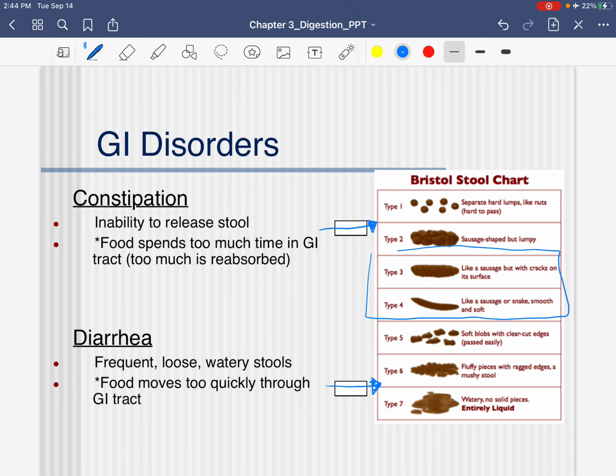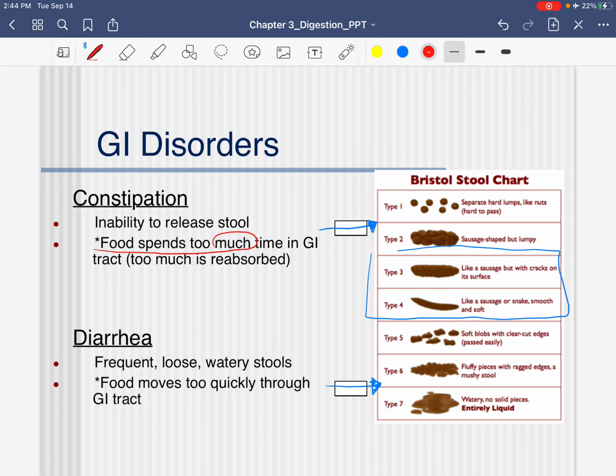If you are constipated, most often, food is spending too much time in the GI tract. So if food spends too much time in the GI tract for whatever reason, too much fiber holding it up, stress, I don't know, then your large intestine is going to reabsorb more water than usual.